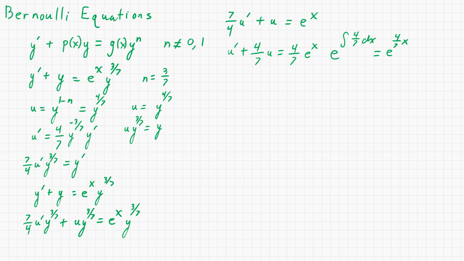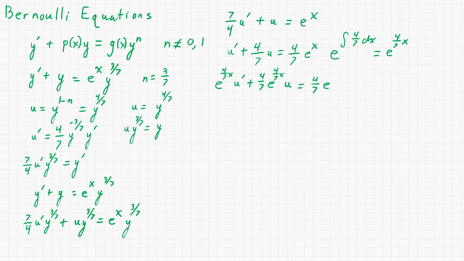Here we go. So now e to the 4/7 x u prime plus 4/7 e to the 4/7 x times u equals 4/7 e to the 4/7 x. If I multiply these together, I have e to the x times e to the 4/7 x.